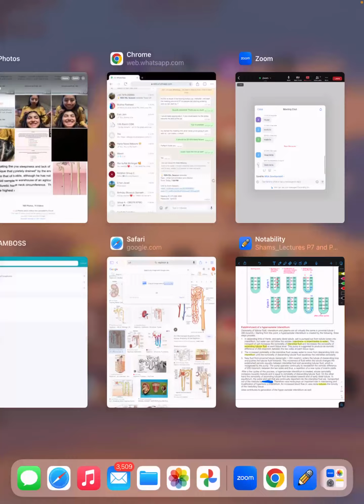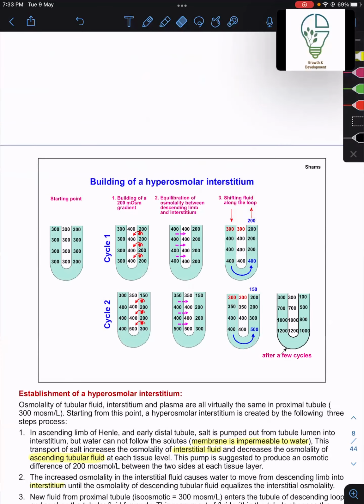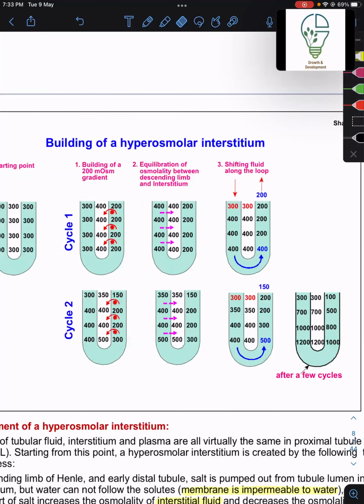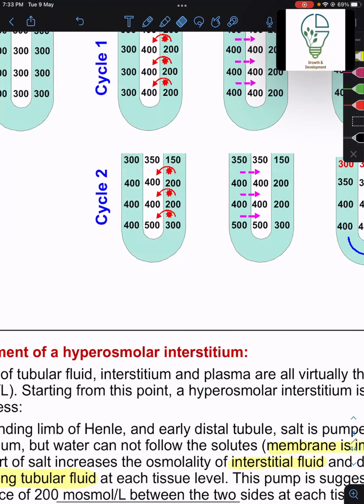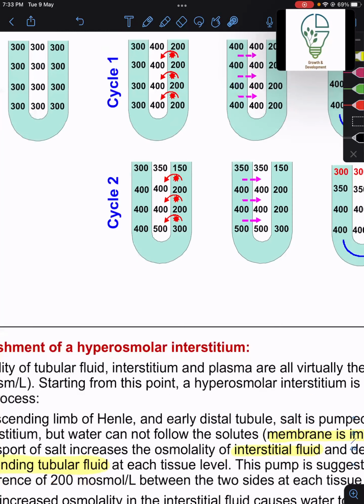Vasa recta. Exactly. Remember? So the key concept that you should be getting with that very last part is that as the solutes enter into the interstitium over here, they're eventually going to go into the vasa recta. And remember, the vasa recta are blood vessels. And that means that eventually, if things are entering the interstitium, they're going to go into the blood vessels and they're going to stay within the body. That's the main concept that that last part is trying to say.